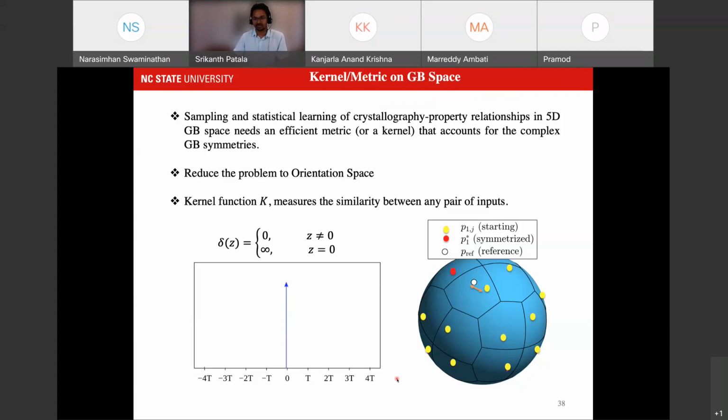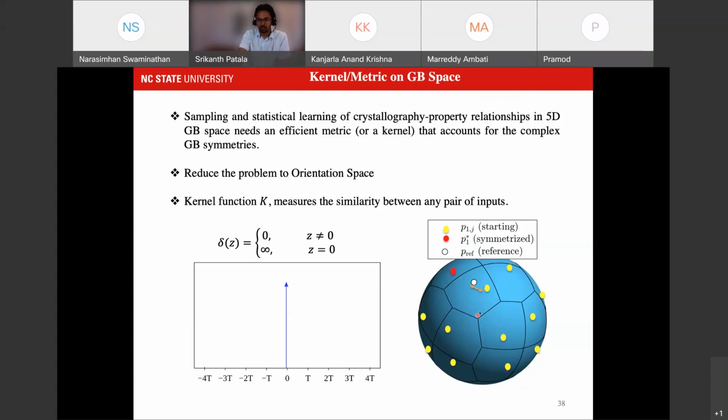All my crystals have underlying symmetries. So if I have a measured property, I want to make sure that the symmetrically equivalent instance of the grain boundary also has the same property. So I'll quickly show here what we developed, what's called a kernel function with symmetries.